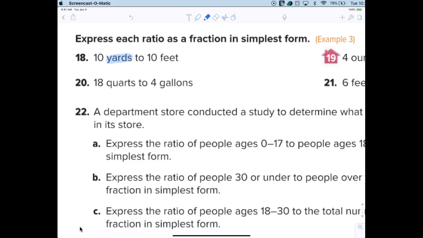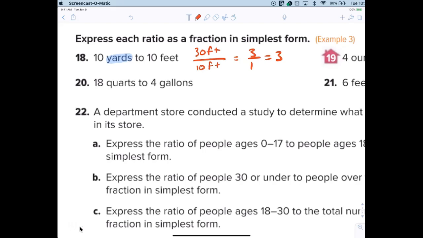So if you have 10 yards, you have what? 30. There you go, girl. So it's 30 feet over 10 feet, which just reduces to what? 3 over 1. There you go, girl. 3 over 1. And if you just write 3, I'm totally fine with that.